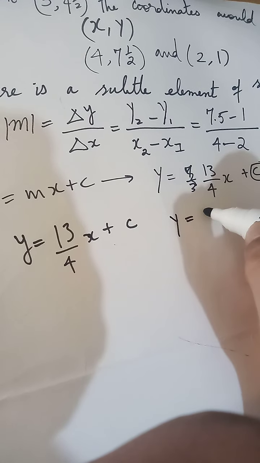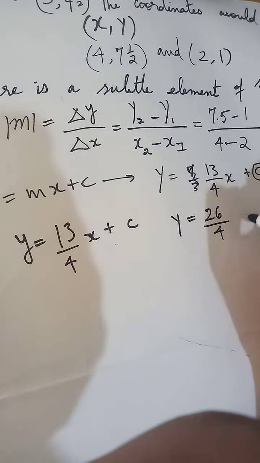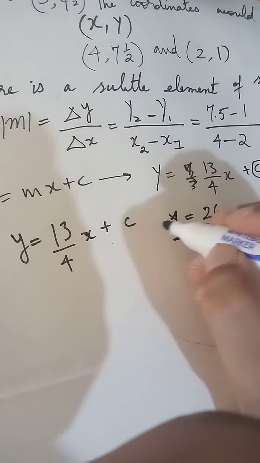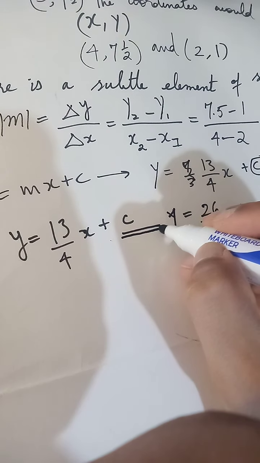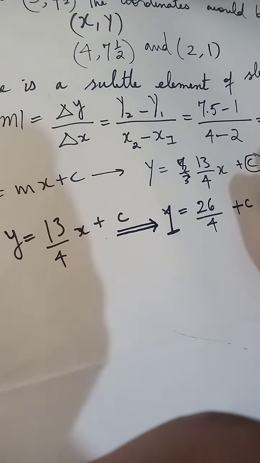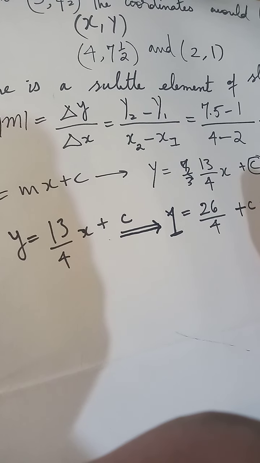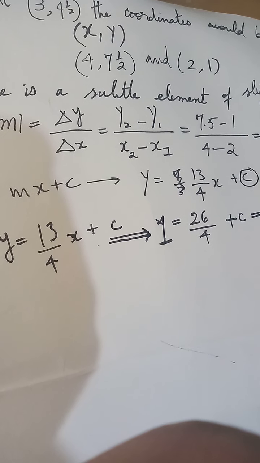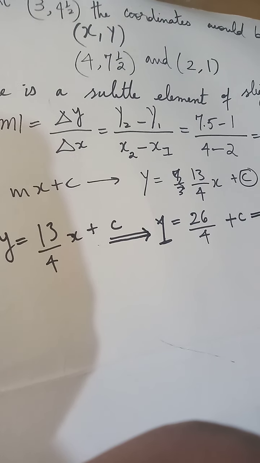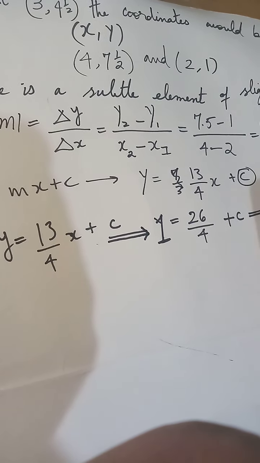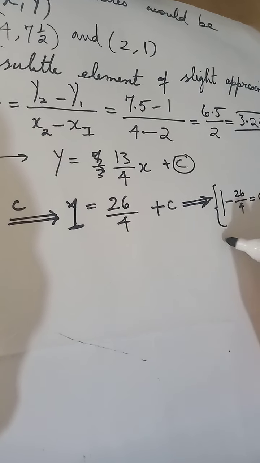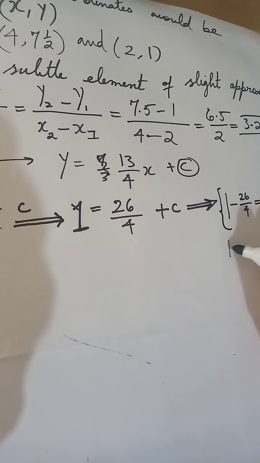So y equals 26 over 4 plus c. Okay, so that'll be 1 minus 26 over 4 equals c. So 26 divided by 4 is 6.5.